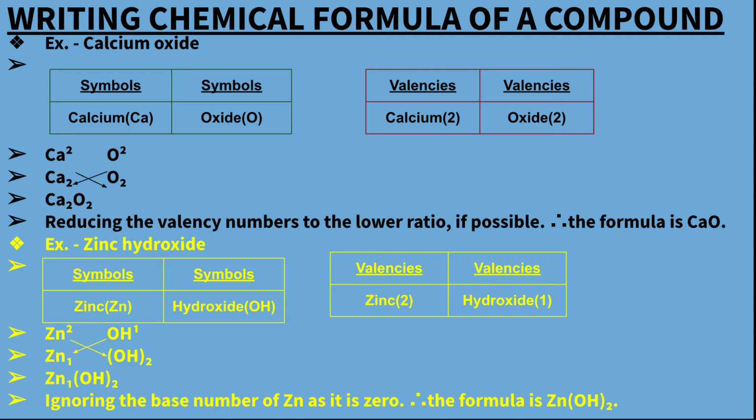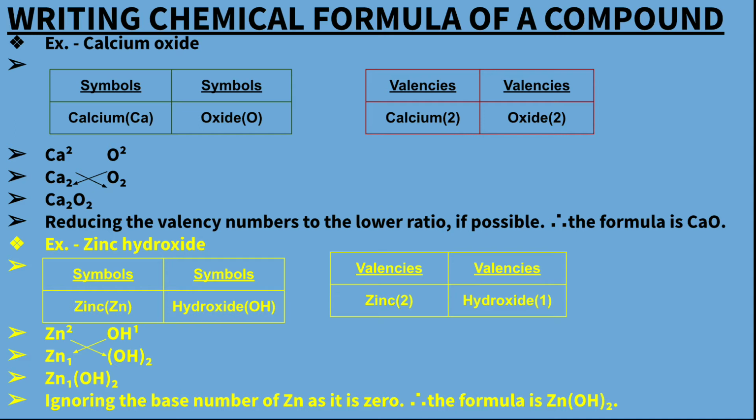So the formula will become what? CaO, because both have the same valency. Now for zinc hydroxide, the symbols are Zn and OH. The valency for zinc is 2 and for hydroxide it is 1. At the top right-hand corner we write Zn2 and OH1, and again interchange the valencies.